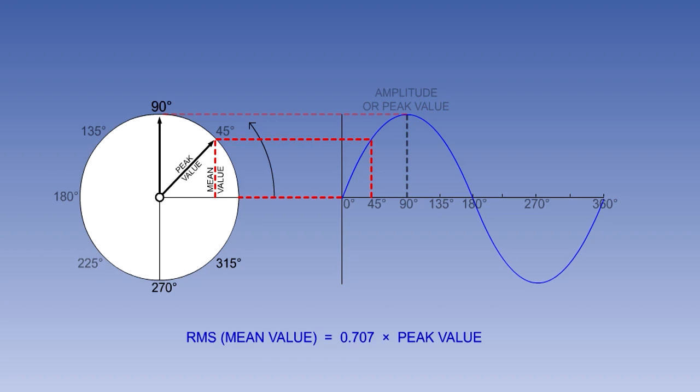By transforming the formula, we can say that the mean or RMS value of alternating current or voltage with a sinusoidal waveform is given by the formula RMS equals 0.707 multiplied by the peak value.